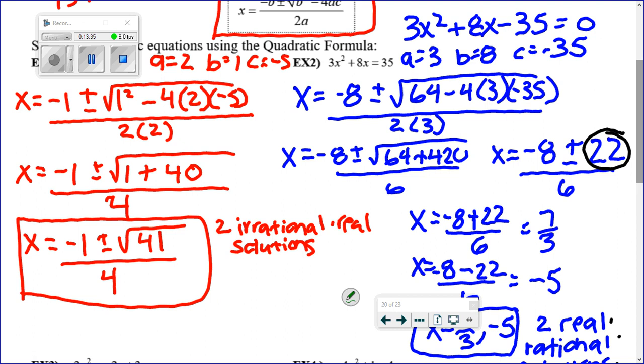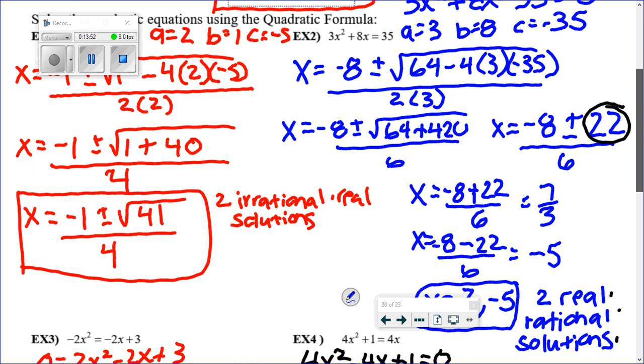Think about the difference between 1 and 2. If it was a value that I cannot take the square root of, then it's going to be irrational. And in example 2, if it was a value I could take the square root of, it's going to be real and rational, because that's when you can make those nice numbers.